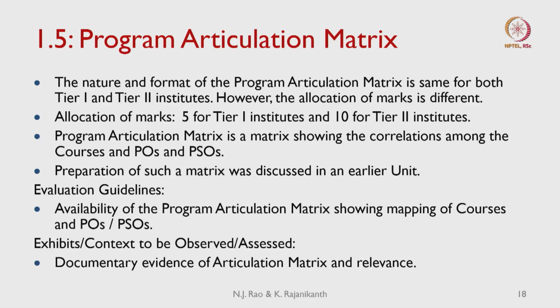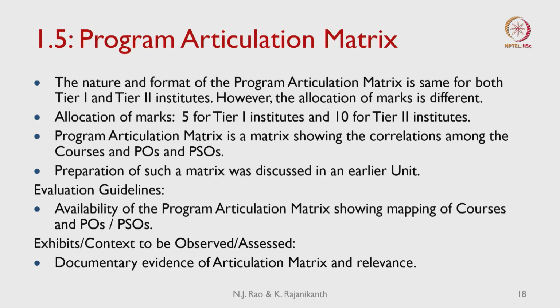When we say courses, it includes project works, mini project works or any other activities in which all the students participate, and those activities lead to the attainment of POs or PSOs. All these things will come into the picture, though broadly we use the word courses. So, the correlations among the core activities of the students and POs and PSOs, it shows the mapping.